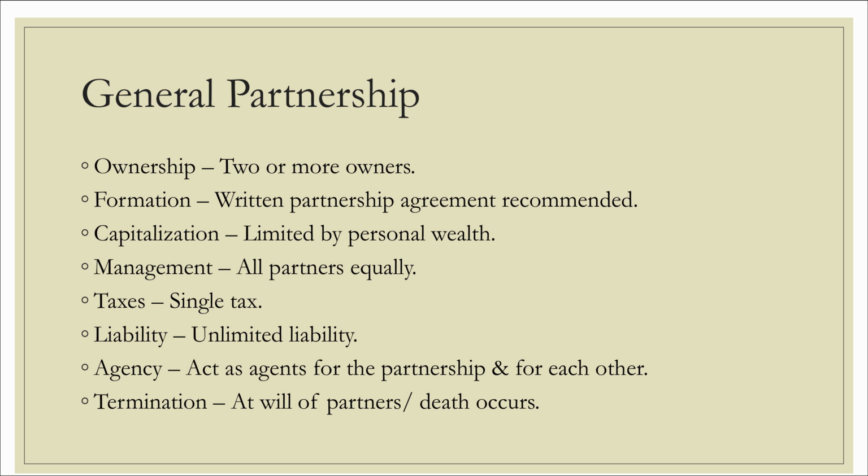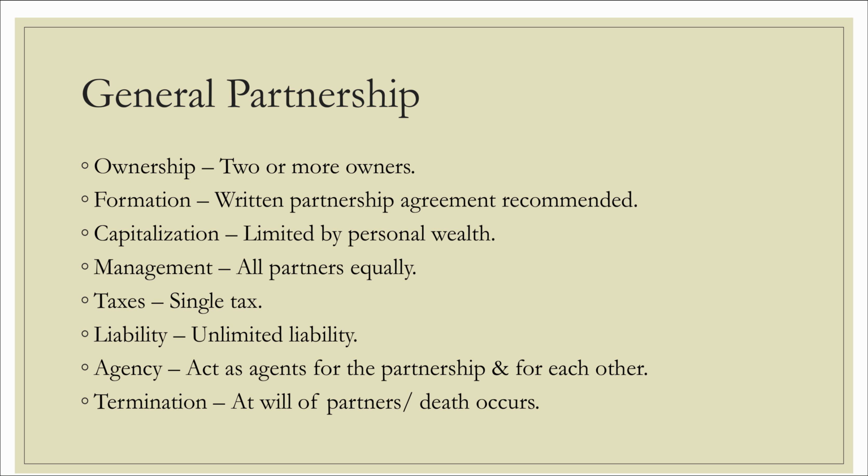So an example of this would be, I'll reuse the cakery. Sally and Bill decide to open up a cakery, and they decide that they're going to draft up a partnership agreement. That way there aren't any things to worry about if a dispute arises.